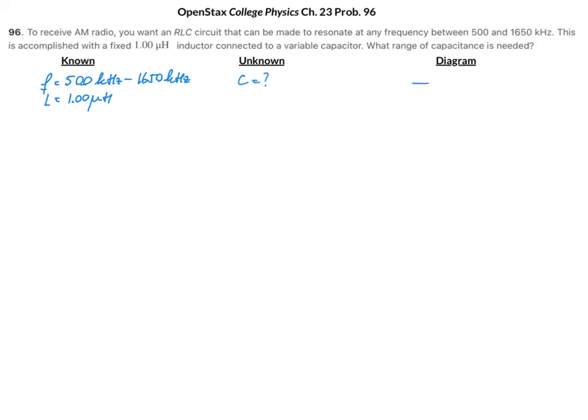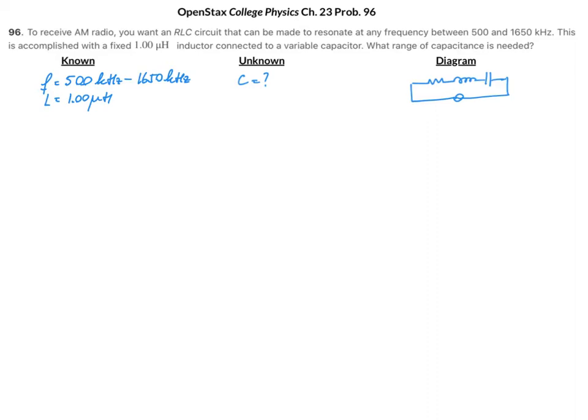Now for the diagram, we basically just have an LRC circuit, so something like this.